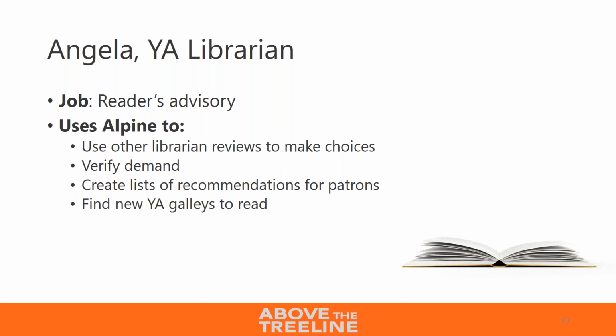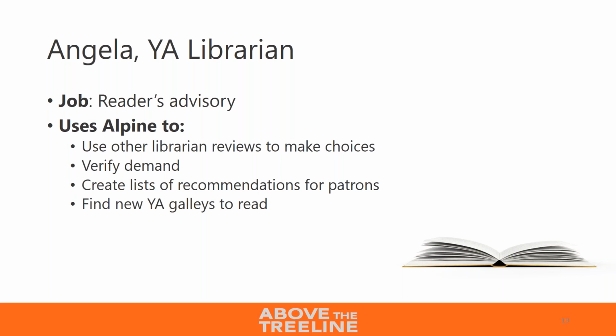Kind of the opposite of the weeding thing, making sure that her instincts about a particular title they don't have are validated by what's happening in bookstores and in other libraries.